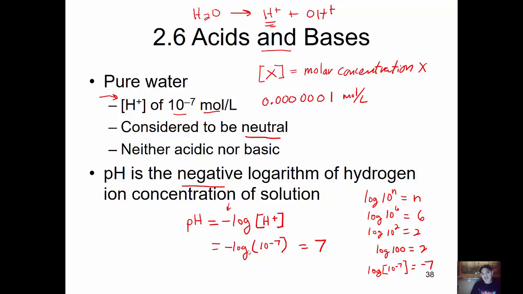But what does the negative sign in front do? It says change the sign. So basically that changes the sign, making it a positive 7. Okay, so a pH of 7 really is saying that the concentration of hydrogen ions is 10 to the negative 7. If we have a pH of 6, then the concentration is 10 to the negative 6, which is actually going to be bigger.